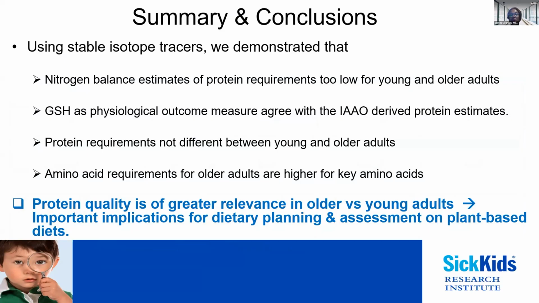We saw that protein requirements are not different between young and older adults, but amino acid requirements for older adults are higher for key amino acids than for younger adults. And so what we have concluded from using stable isotope tracers is that protein quality is of greater relevance in older versus younger adults. And so this has very important implications for planning and assessment of plant-based diets.